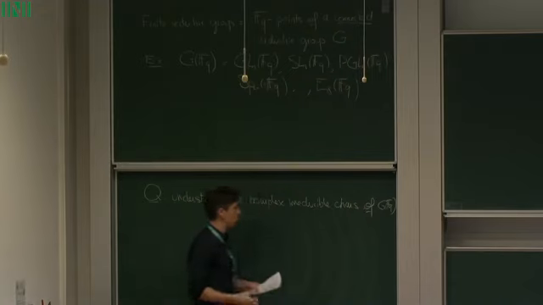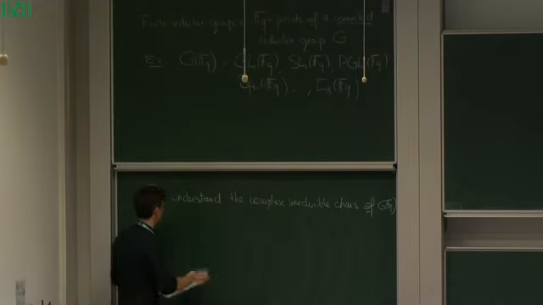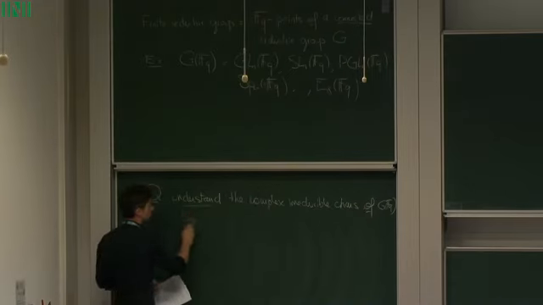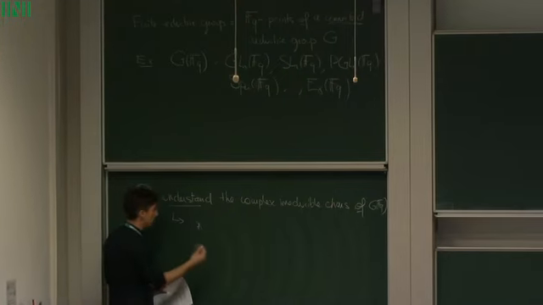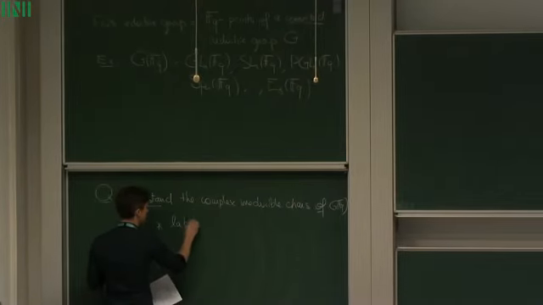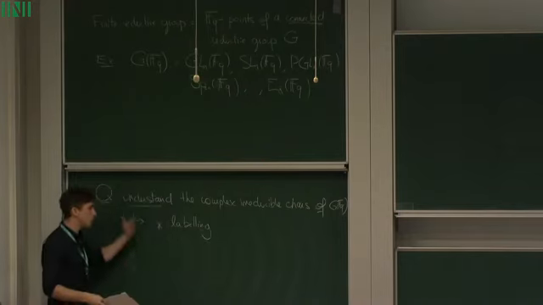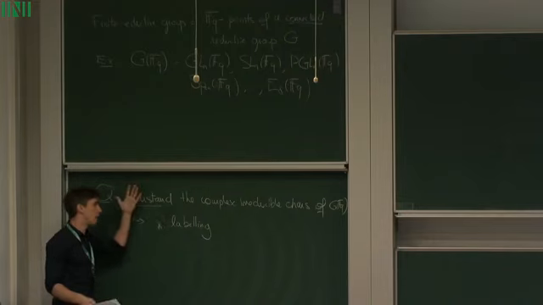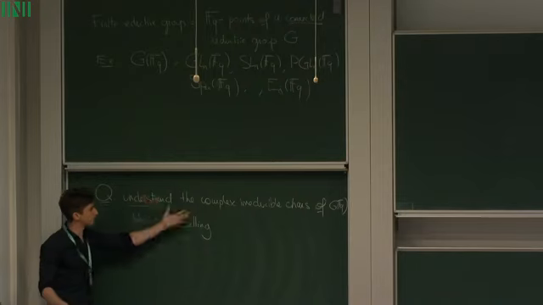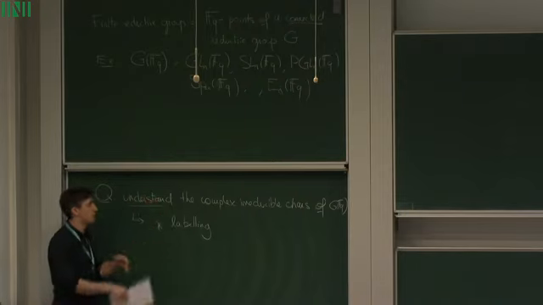Okay, this finite group. So by understand, what do I mean? I mean to have, for example, the labeling of the characters. That's the first step. But a natural labeling, not just any labeling. As soon as you know the number of conjugacy classes, you know the number of irreducible characters, and you can decide on any labeling.